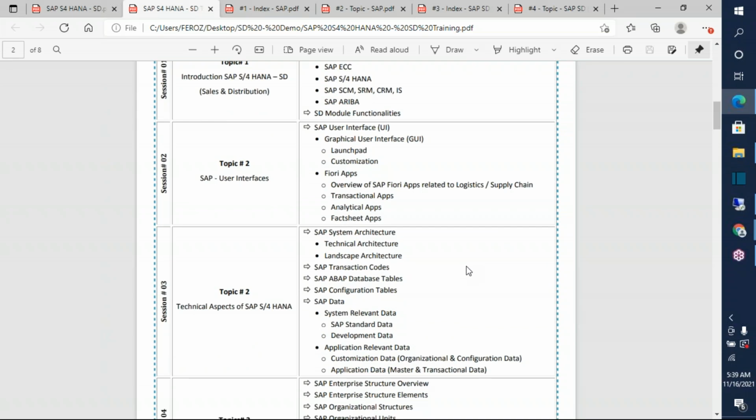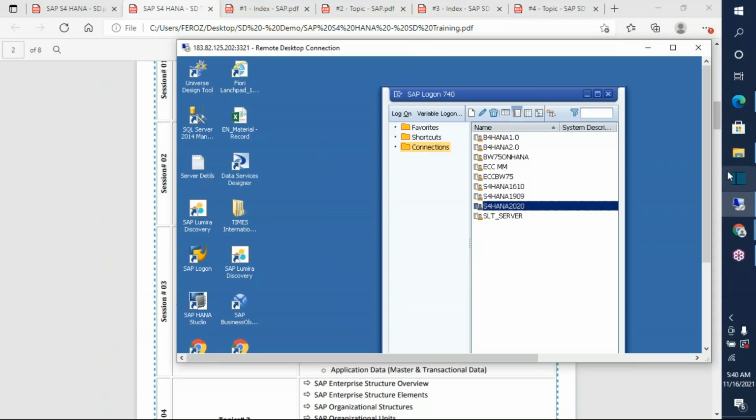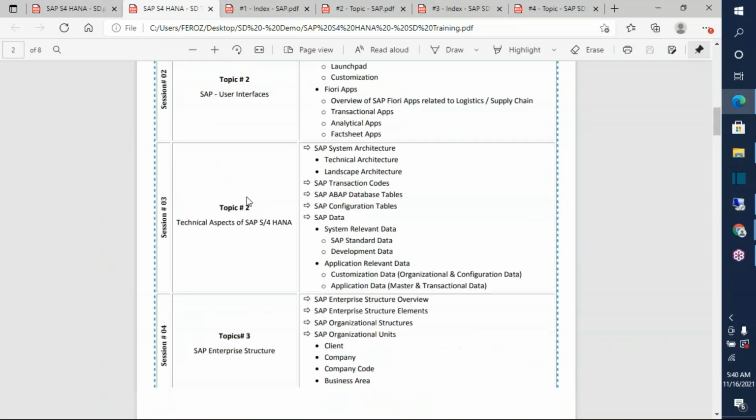One is the graphical user interface, and another is the Fiori app. We will access SAP through remote desktop. You can see here, this is the remote desktop, and we will have access to two different systems, one is the ECC system and another is S4HANA, and in S4HANA, different releases. Our training will be on SAP S4HANA 2020, right? That is the user interfaces, which we will be discussing in topic number 2.